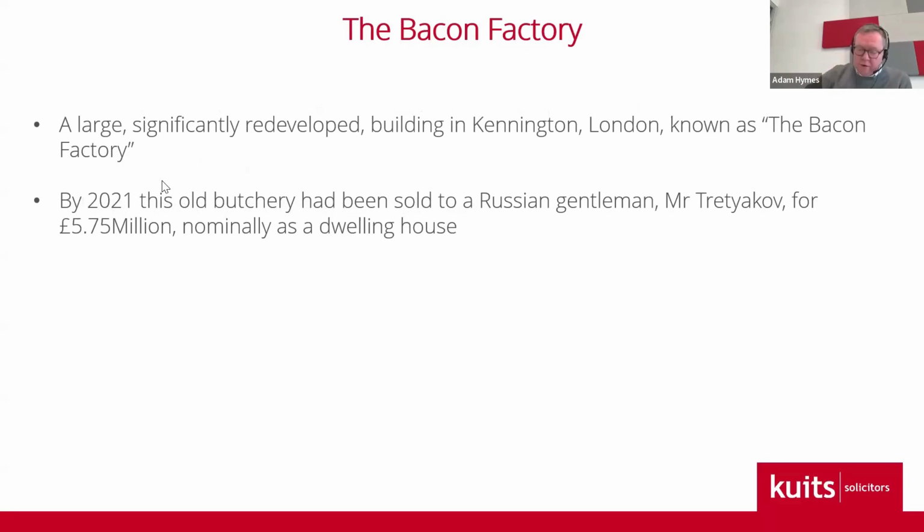But by 2021, it had been sold to a Russian gentleman, Mr. Tretyakov, hopefully I'm pronouncing that correctly, for £5.75 million nominally as a dwelling house. So £5.75 million for a dwelling house that used to be a bacon factory. Well, I'll just leave that there, perhaps, for the benefit of those of us who don't live in the rarefied London property market, but there we are.